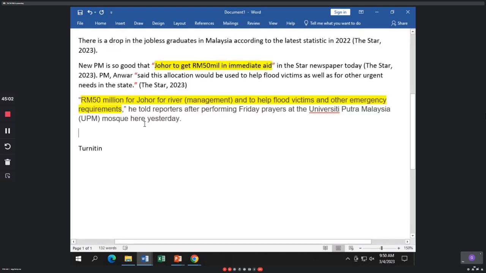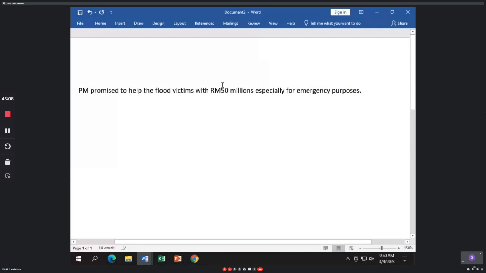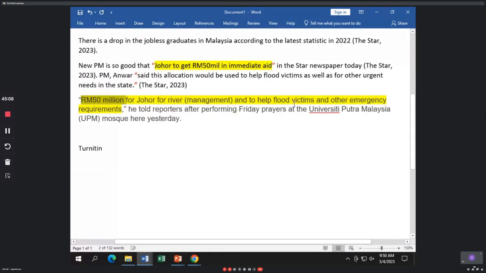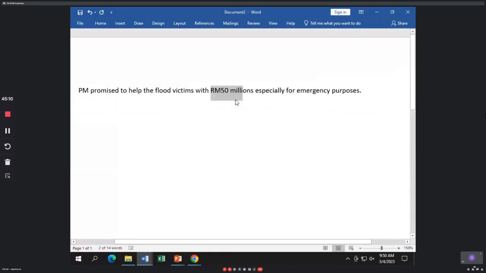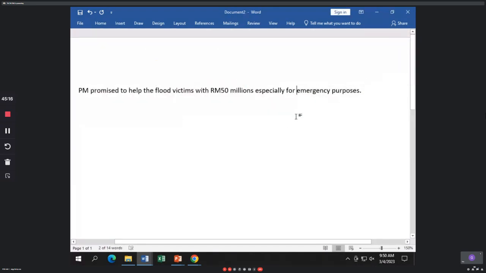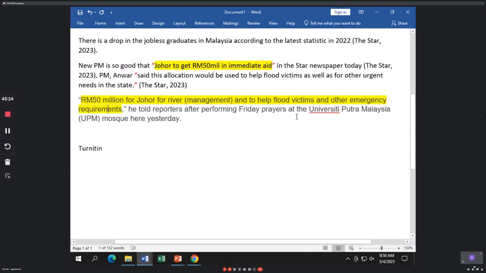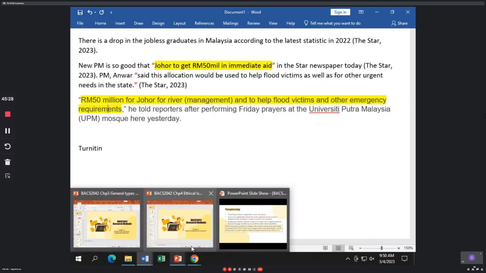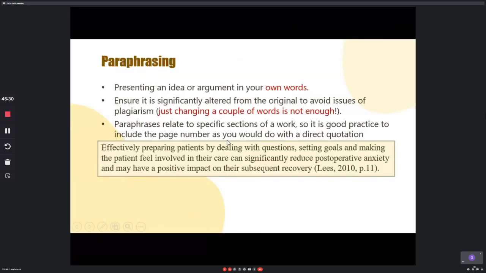And then you come back. Am I writing it correctly? The main thing, yeah, I have the 50 million here, and the 50 million is for helping the flood. Okay, I have the flood victims, and then emergency requirement, yes, for emergency purposes. Done. You have all the ideas. This is called paraphrasing, using your own words, and double checking whether you did it correctly. So remember, don't do something stupid like this.